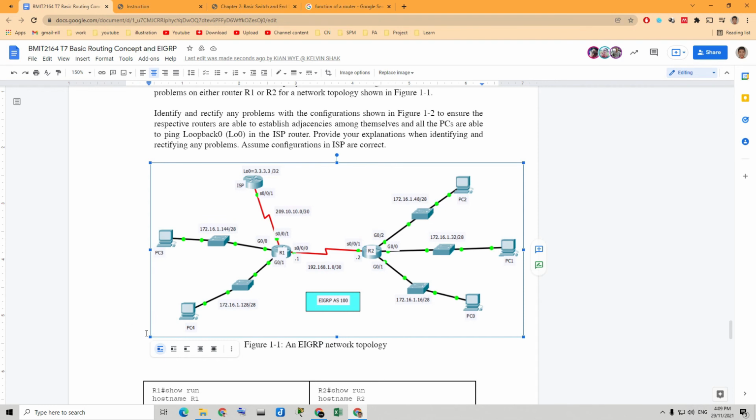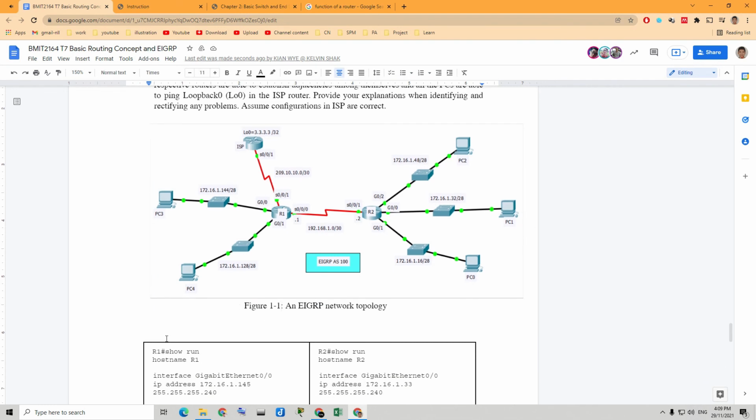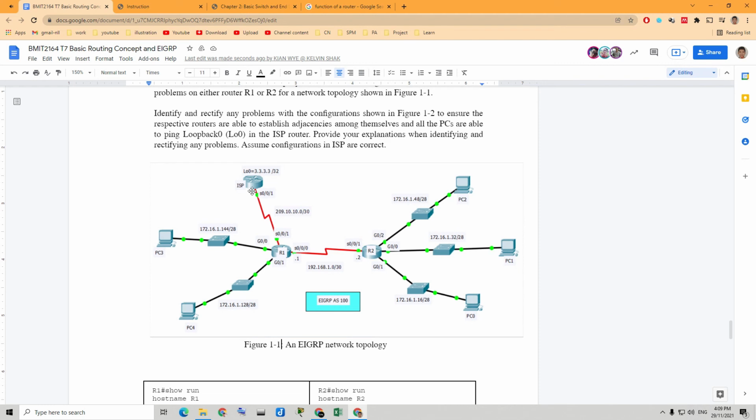To reach network 10 from R3, how many routers? 1, 2, so this network is 2 hops away. You start from R3 but count from the next router.